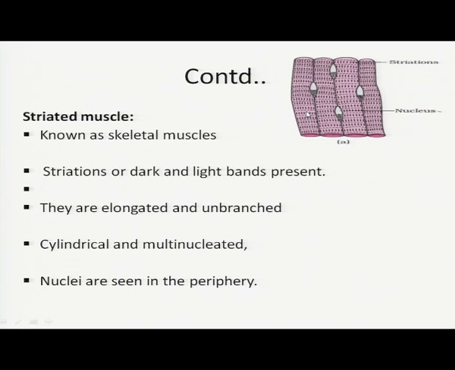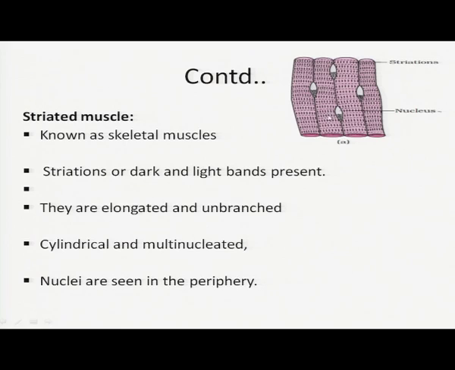They are elongated, unbranched, cylindrical, and they have dark and light bands. These are the dark bands, and in between the dark bands you can see the light bands or striations. Since striations are present, they are known as striated muscles.